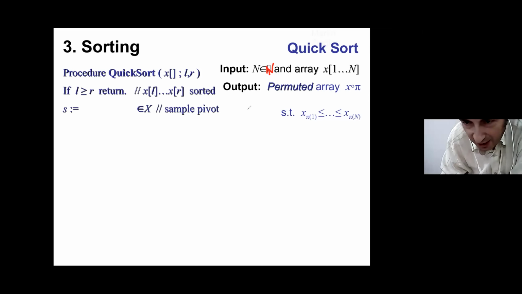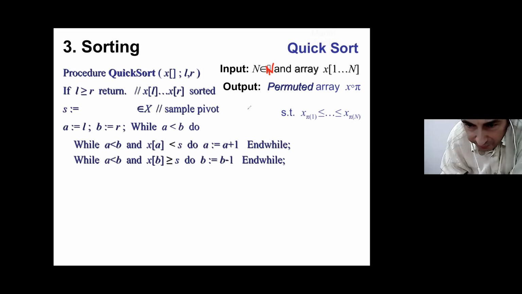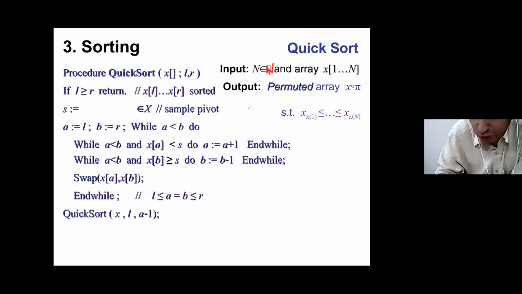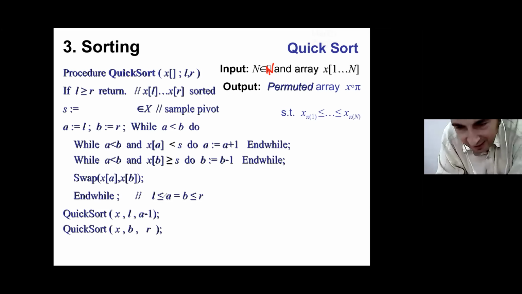The idea was to create a splitting of the array X such that everything on the left is less than or equal to everything on the right. And when you can do that, then you can simply sort the pieces by themselves, okay? And in the end, you will have a sorted array, and then you can save yourself the copy, okay?